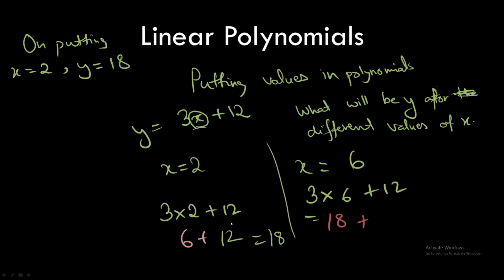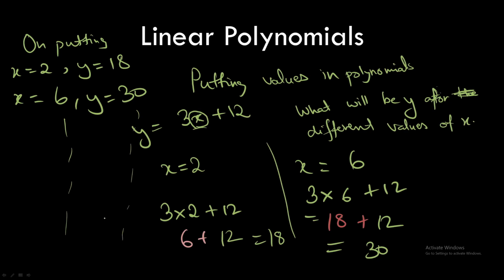So the total value will be 30. So on putting x is equal to 6, we get y is equal to 30, and for different values of x we can get different values of y.